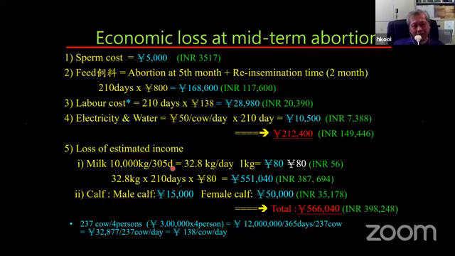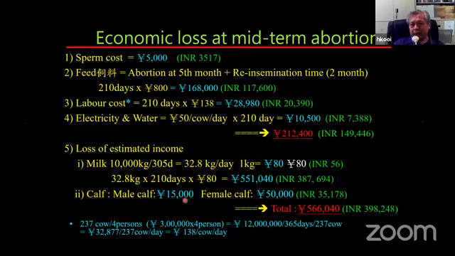This is animal husbandry. So about 32.8 kilos per day, and in Japan we sell for 80 yen. Maybe it's not that expensive in India, but I'm just giving you an idea how much it costs.